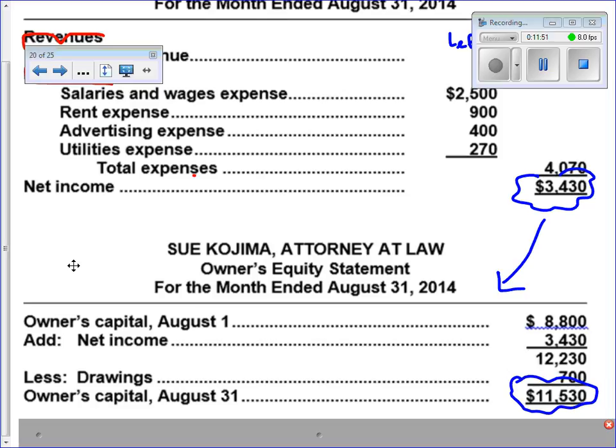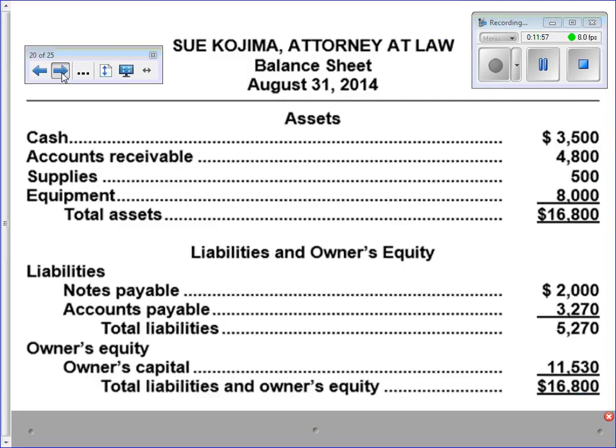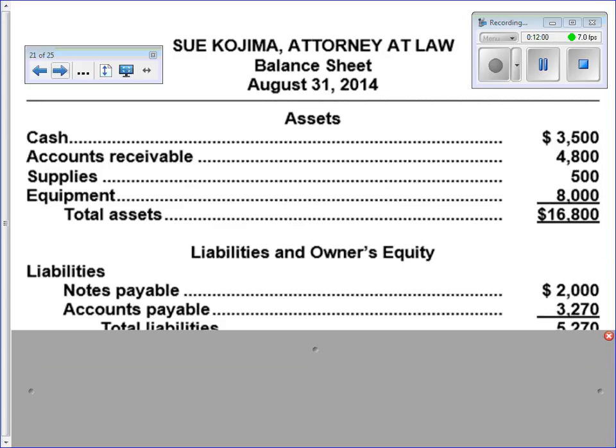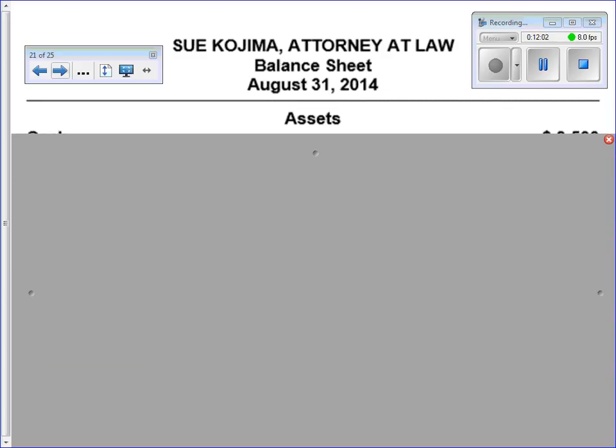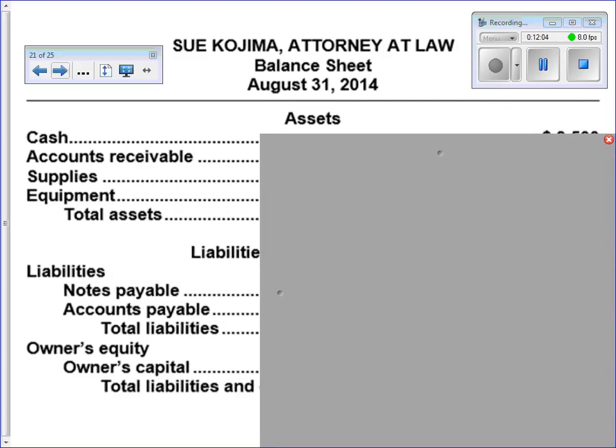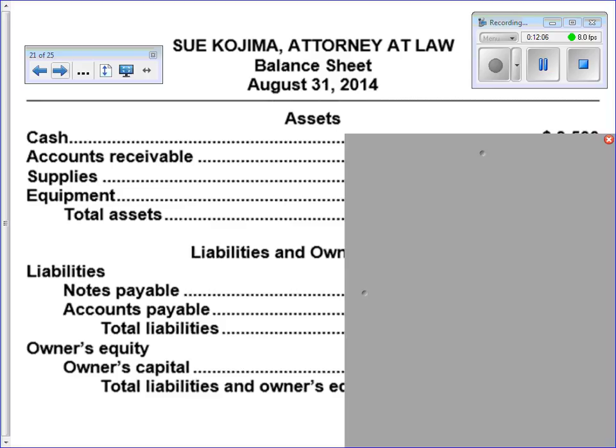All right, let's do the balance sheet. Keeping in mind that this $11,530 will get transferred. You guys have the heading assets, liabilities, and owner's equity in? Okay. Remember, all this is assets equal liabilities plus owner's equity, vertical instead of horizontal.